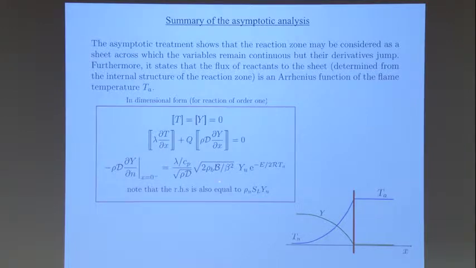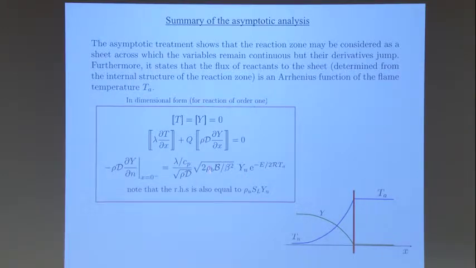And finally, the detailed structure of this boundary layer gave us exactly the right flux that is needed for the fuel to be completely consumed, and the flux is expressed here. It depends on the diffusivity, depends on the reaction rate constant, and it is a function of the Arrhenius function with a dependence on the adiabatic temperature. And the 2 here, of course, is due to the square root of the expression that we obtained.